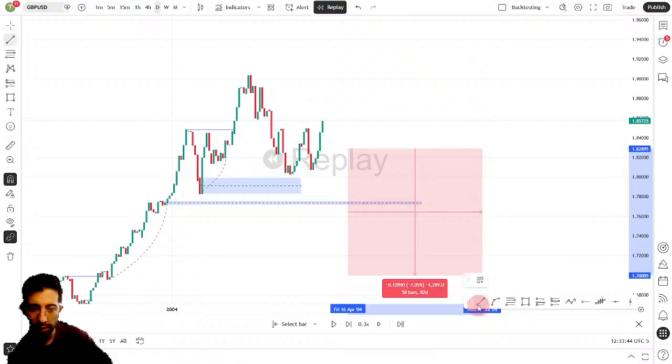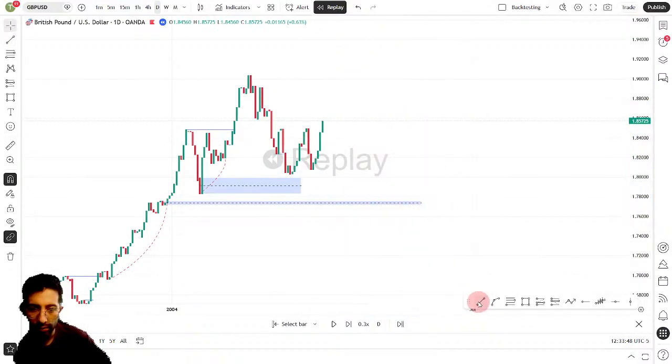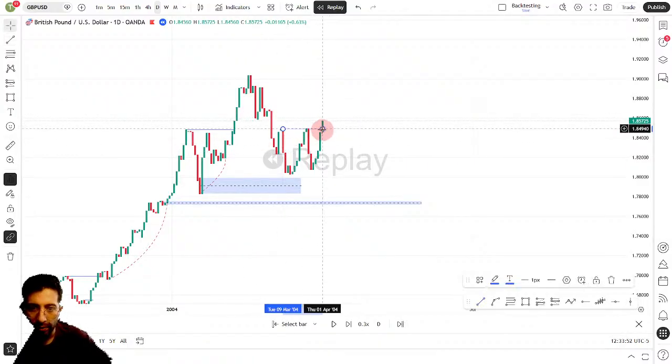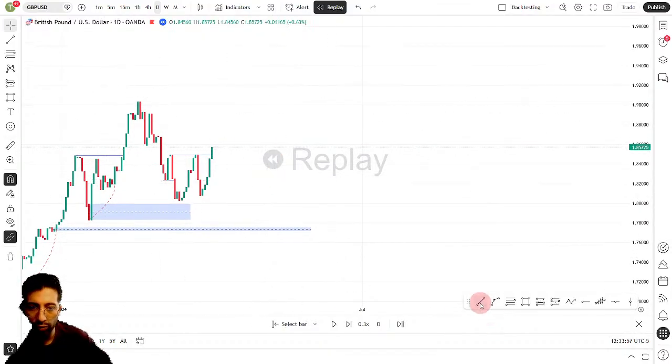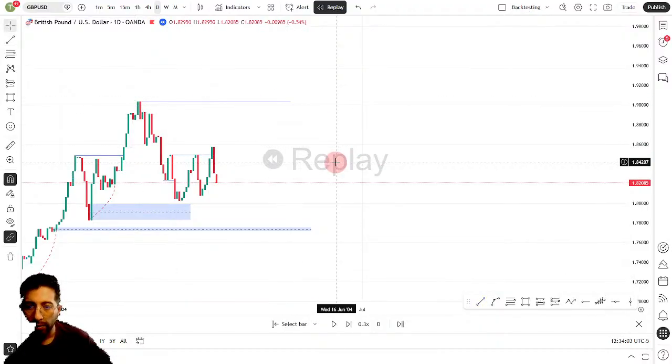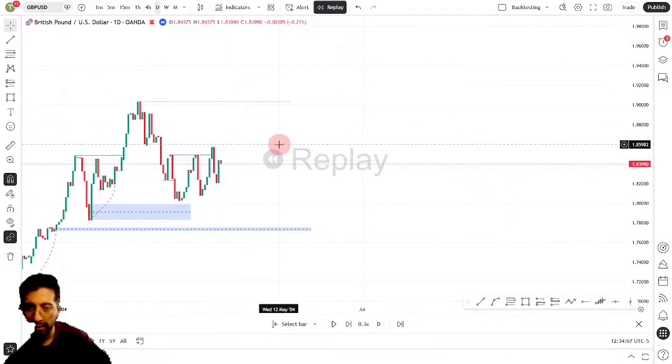And now we would need this breakage of the structure, which is actually being made. Now to confirm this is a proper break of structure or a strong low, we need the price to get to this high.